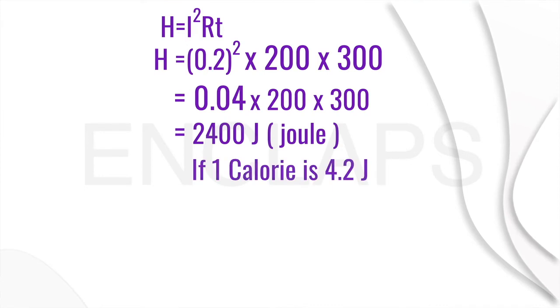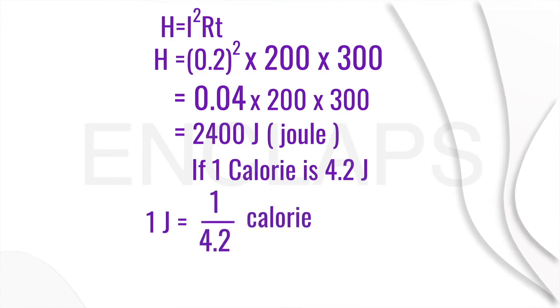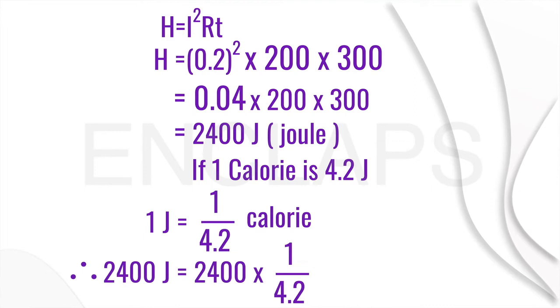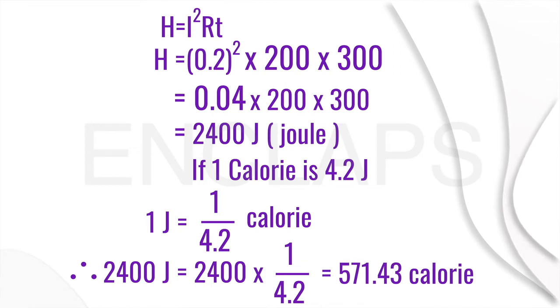If 1 calorie is 4.2 joule, then 1 joule is equal to 1 divided by 4.2 calories. Therefore, 2400 joule is equal to 2400 into 1 divided by 4.2, which equals 571.43 calories. Let's move on to the next question.